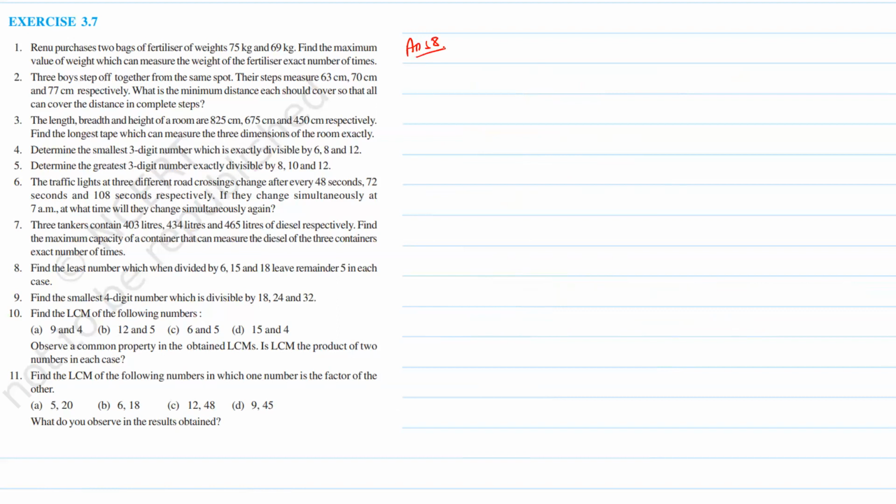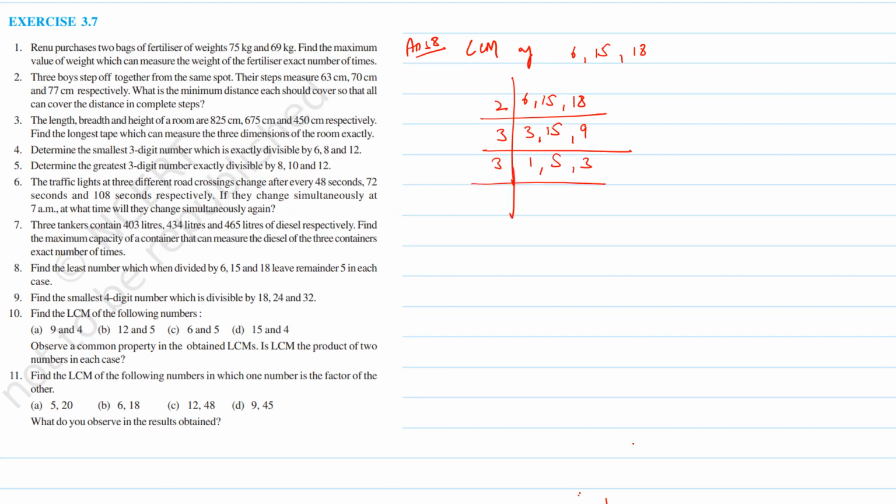Next question. Question 8. Find the least number which when divided by 6, 15, 18 leaves remainder 5 in each case. For this, first of all, find the LCM of 6, 15 and 18. It will be 2, 3 and 9, 3, 1, 3 and 5.